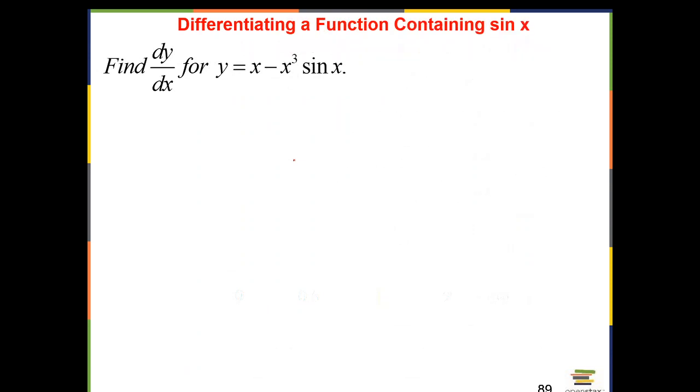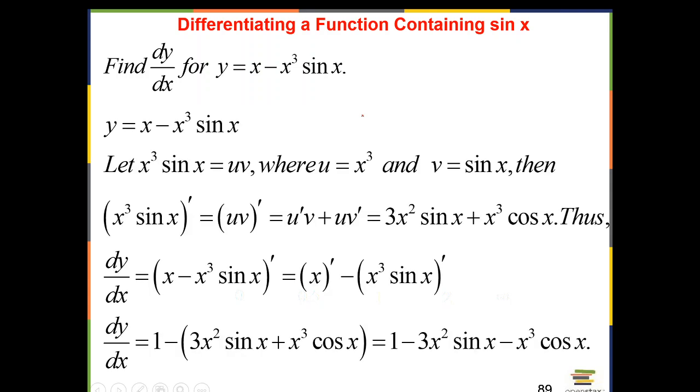So let's look at an example. What's this derivative? Well, this is a difference of 2 functions, and this is a product of 2 functions, so we can take the derivative. The derivative of x is just 1, right? So this first part is just 1. Now this one, we can think of it as u times v, and we know the derivative of uv is u prime v plus uv prime.